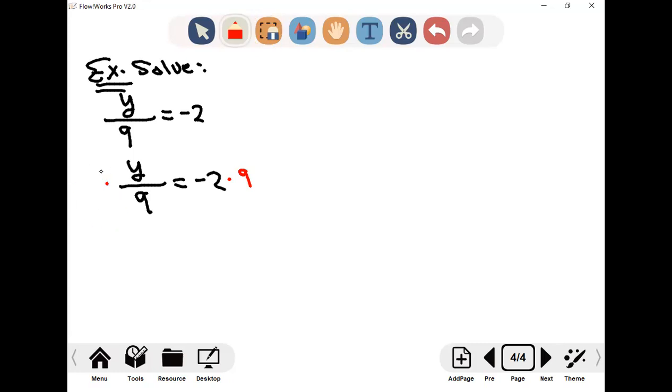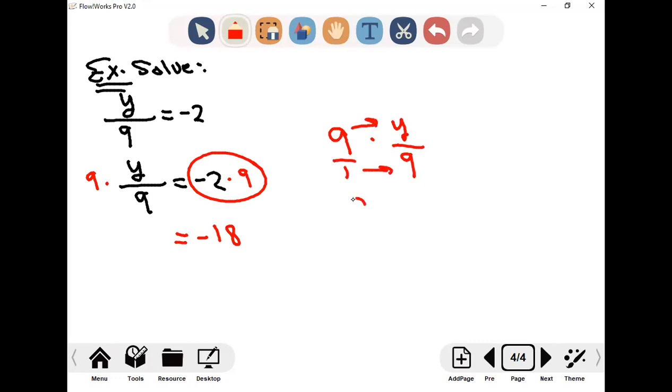This is 9. Let's focus now. First, the equal stays as it is, and this is negative 18, right? Come here, 9 multiply y over 9. 9 multiply y over what? This is over 1. Check. Multiply up, multiply down. It will be 9y over 9.